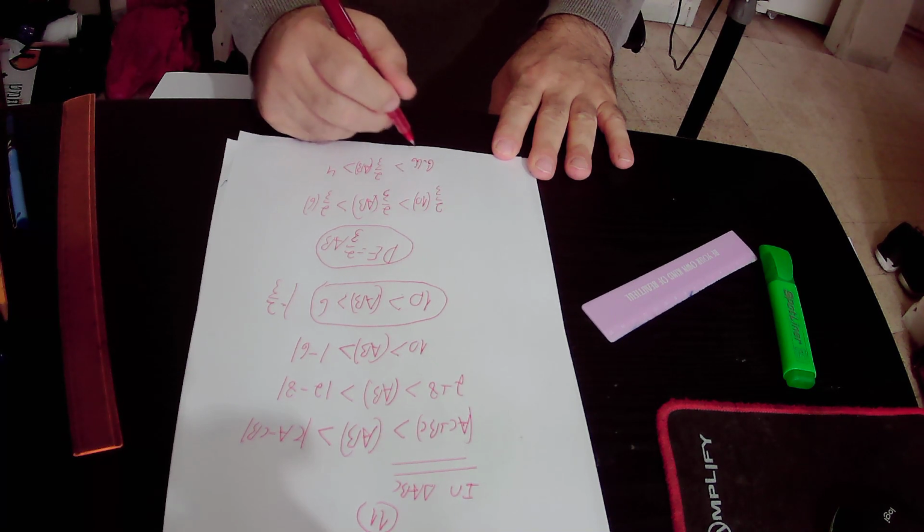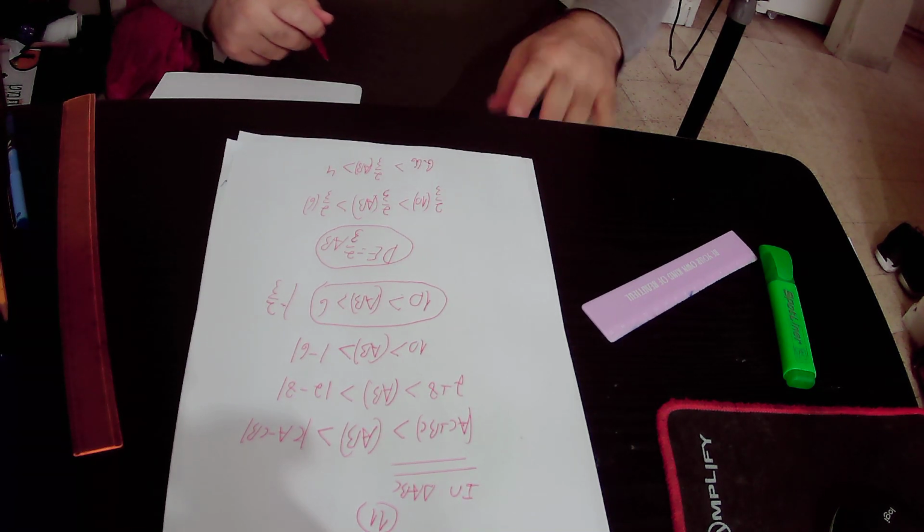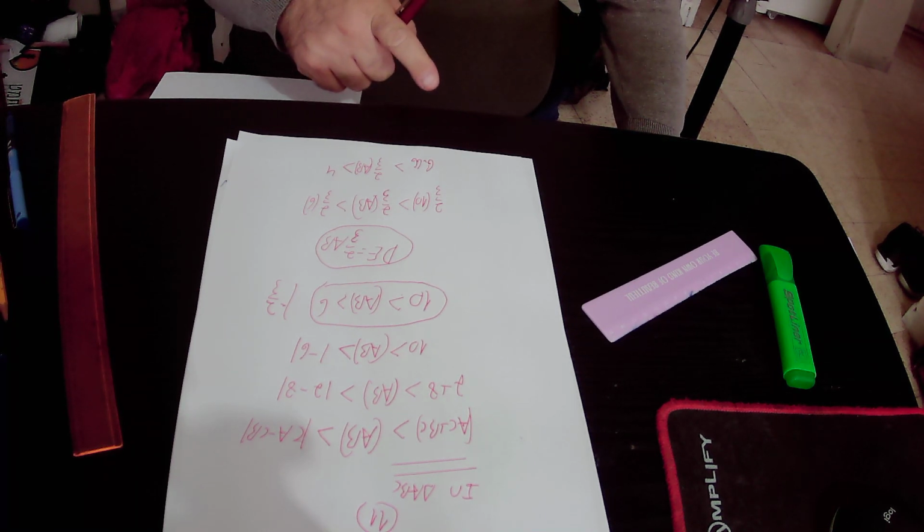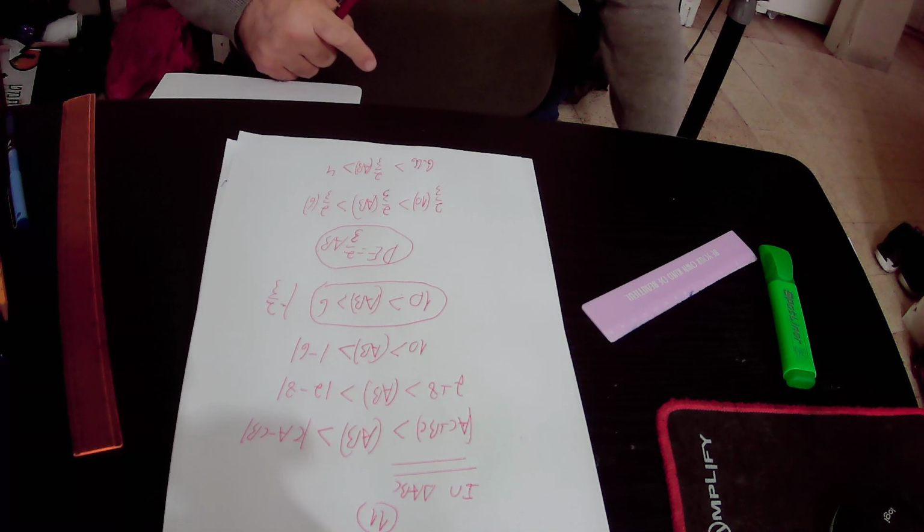So we found out that 2/3 AB is greater than 4 and smaller than 6.66.